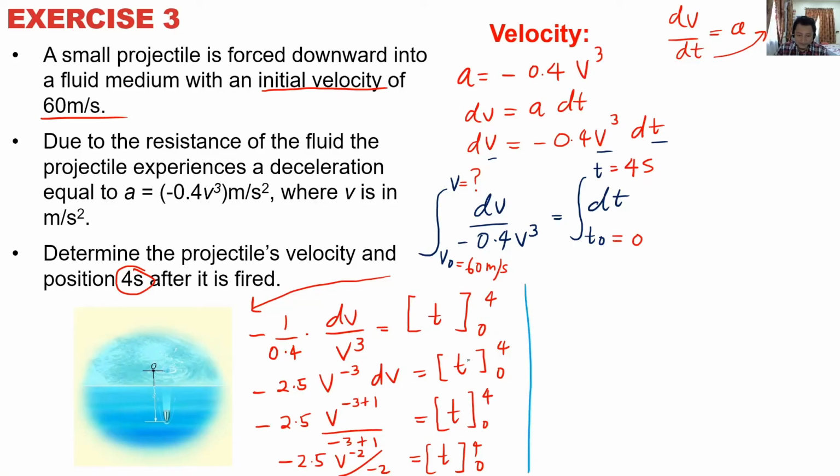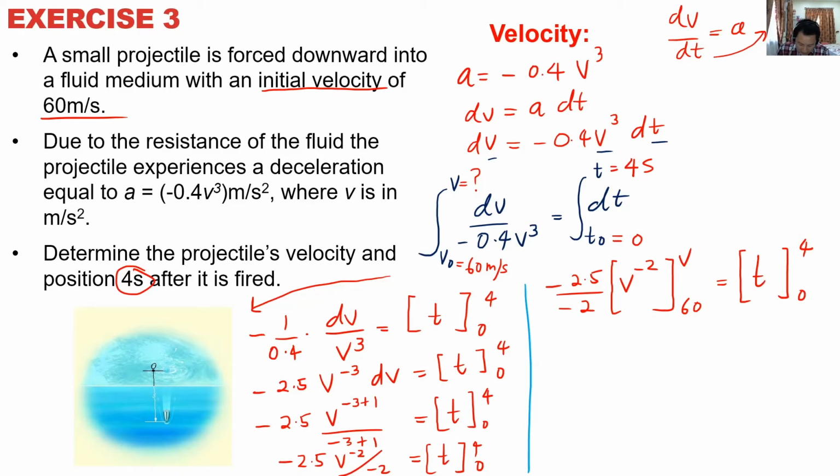So continue. The final equation becomes negative 2.5 over negative 2 v to the power of negative 2. You need to evaluate from the original velocity 60 to the final velocity v, which you don't know. And t is evaluated from 0 until 4.